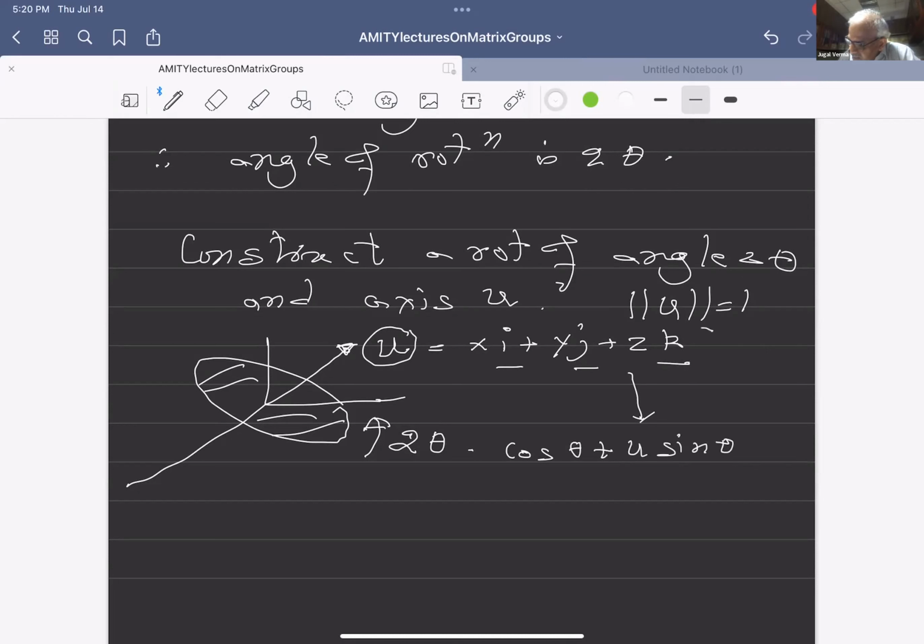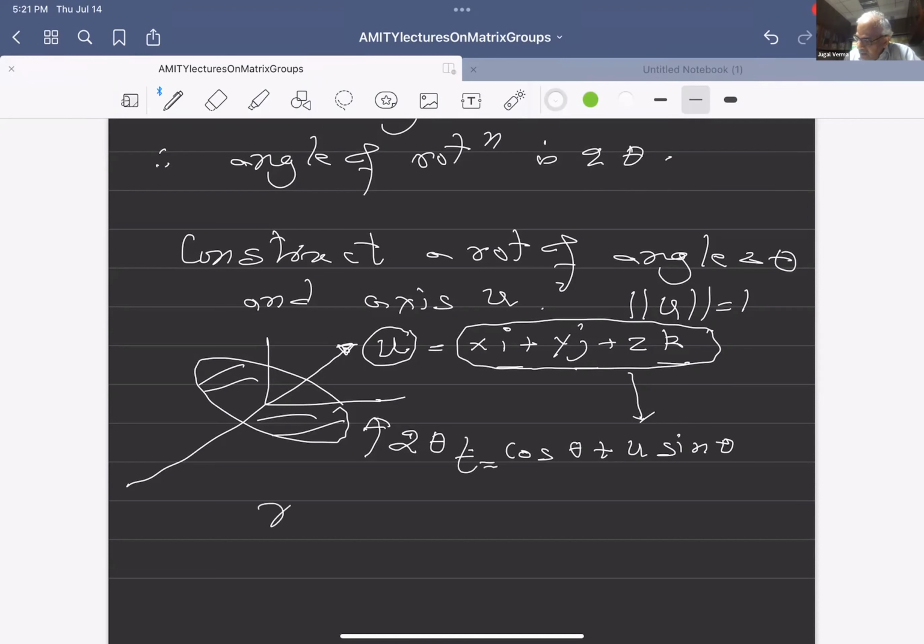Interpret the same vector as a quaternion. So the notation is very carefully chosen so that there is no confusion. Take this unit vector u, interpret it as a quaternion, and then form this t equal to cos theta plus u sin theta.